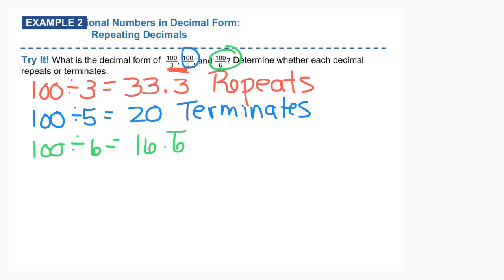There might have been a 7 at the end of that just because your calculator will round your number to make it fit your display. But in reality, that would have gone on forever. There's no end to it, so I used my bar notation to show that the 6 after the decimal is going to repeat forever, and that makes this a repeating decimal.